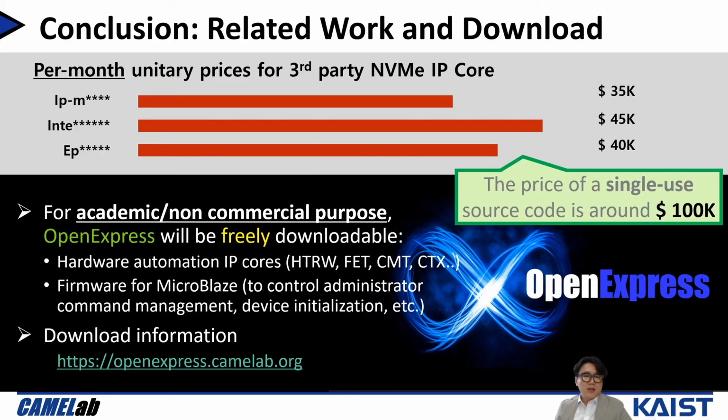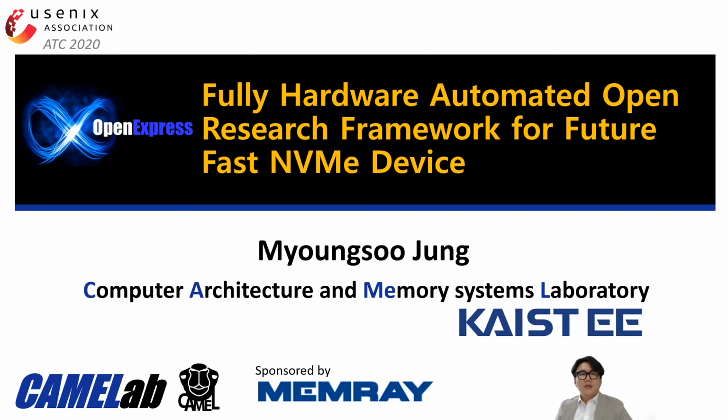We also provide the firmware for MicroBlaze to control non-performance-critical administrator command management and device initialization, etc. And the open source also includes the Vivado project for the UltraScale 190. So you can download the RTL and our IP cores from openexpress.camelot.org. Thanks for listening.